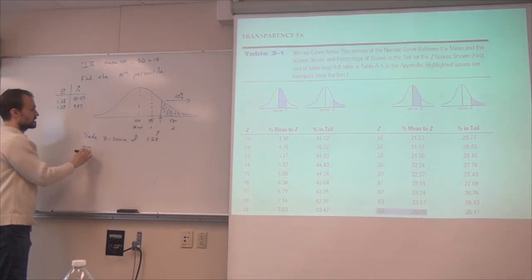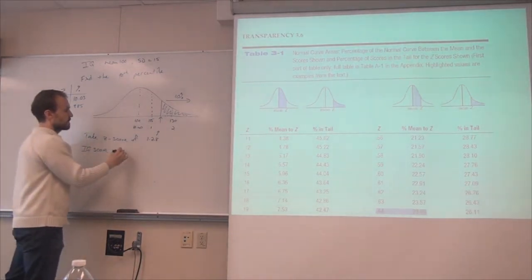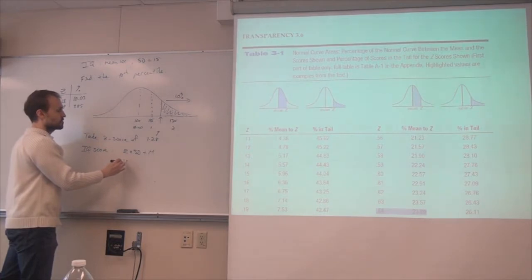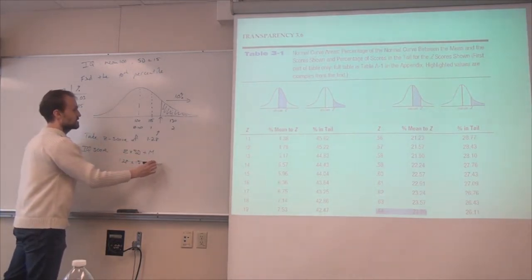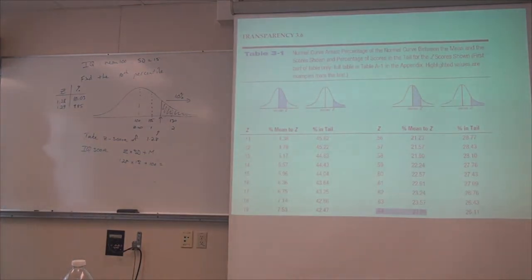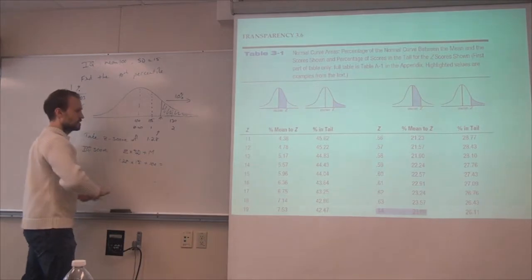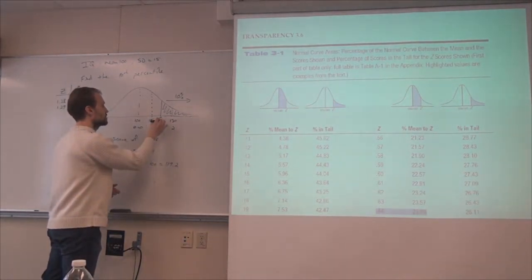So the IQ score that corresponds to this will be my Z value times my standard deviation plus the mean. So it'll be 1.28 times 15 plus 100. What do I get? 119.2.